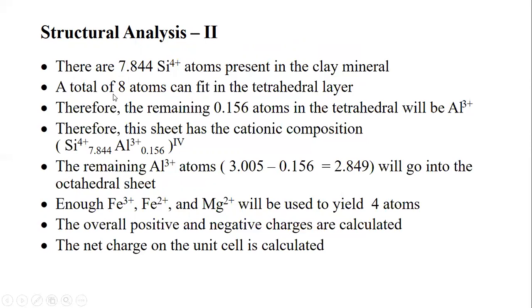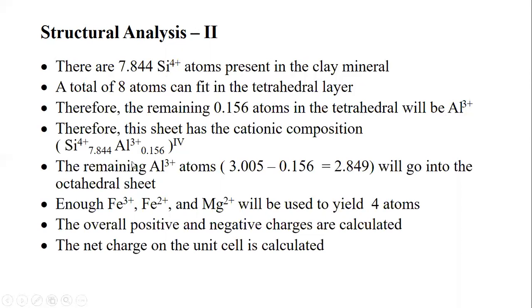A total of 8 atoms can fit in the tetrahedral layer. We know that already. Therefore, the remaining, if you subtract 7.844 from 8, you get 0.156 atoms in the tetrahedral. And we said the only atom that can replace silicon in the tetrahedral is aluminum. So that rest of it will be aluminum.